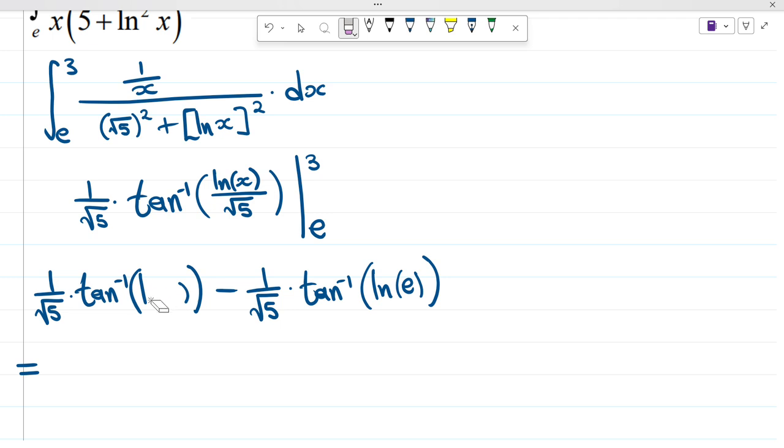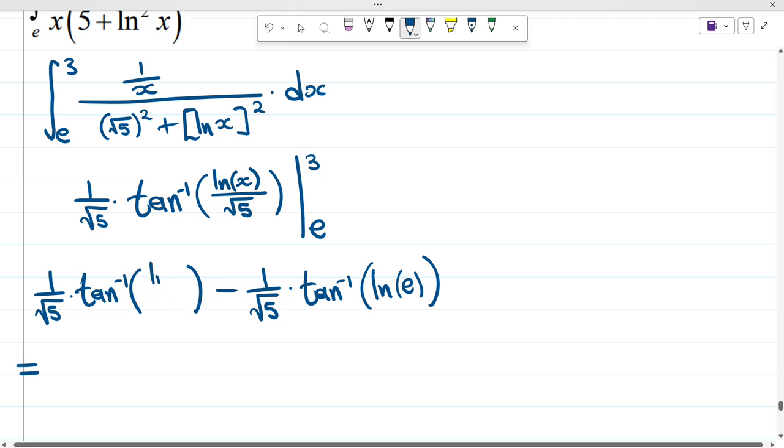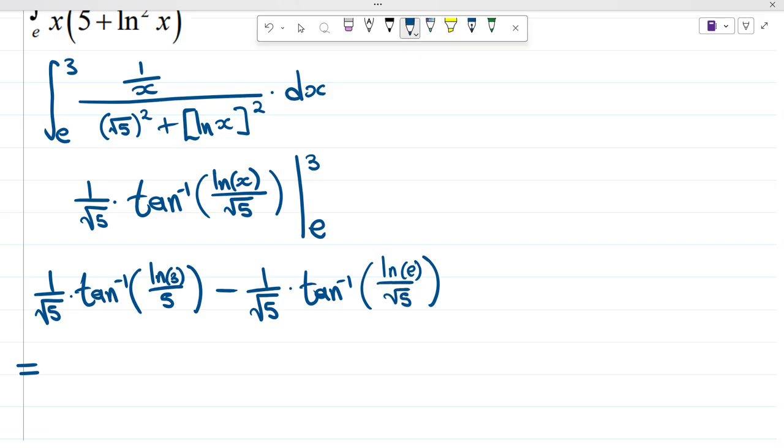So this is going to be ln of 3 divided by square root of 5, and ln of e divided by square root of 5. I'm very sorry, guys, for that. It's just a minor mistake. I've been solving complex things up there, so you can see that this guy must be tired. I'm sorry though, I'm very sorry.